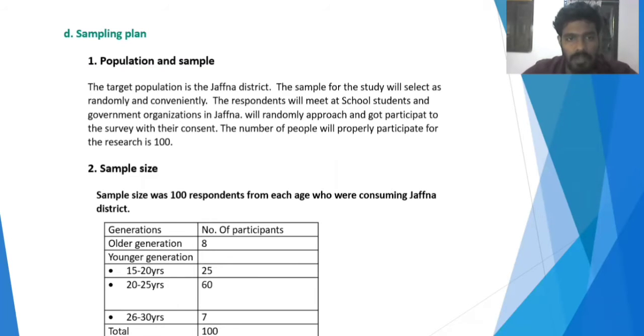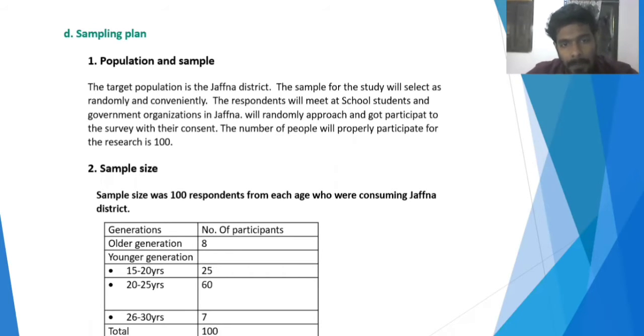Next, I am going to talk about data sampling plan. First of all, population and sample. The target population is the Jaffna district. The sample for the study will be selected randomly and conveniently. The respondents will be met at schools and government organizations in Jaffna.